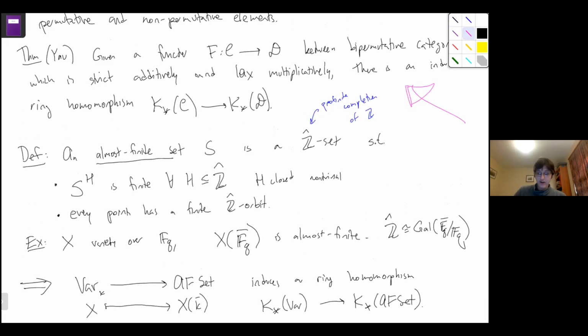The best result I could find in the literature is Elmendorf-Mandell, which says that if you have a map which is lax additively and strict multiplicatively, then you get an E-infinity map.